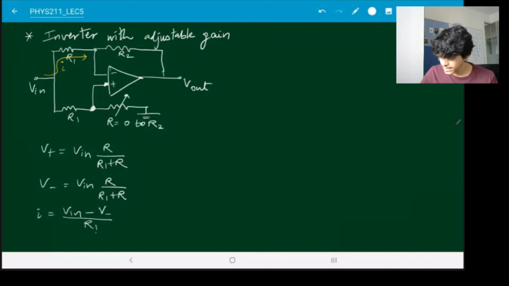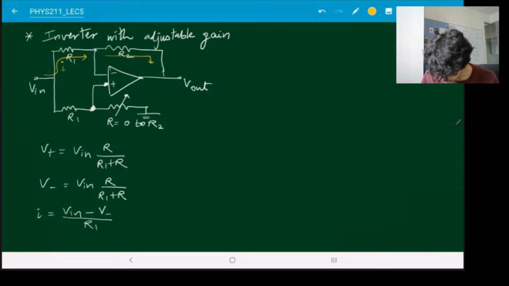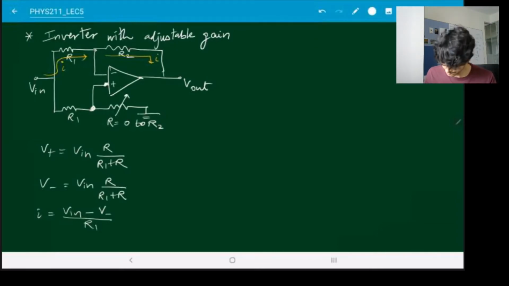And because current cannot flow into the op amp, this entire current will continue flowing like this. So that same current I is equal to now V minus minus V out divided by R2.